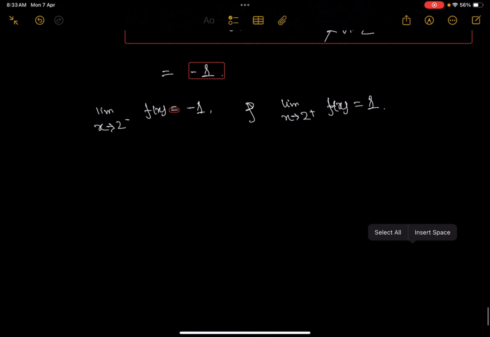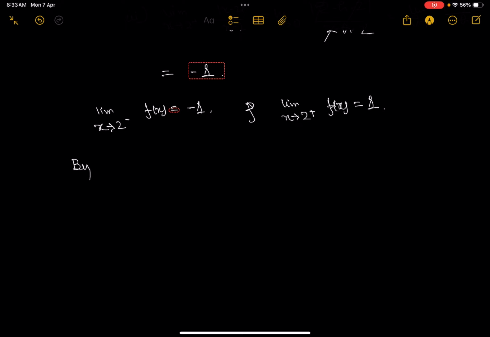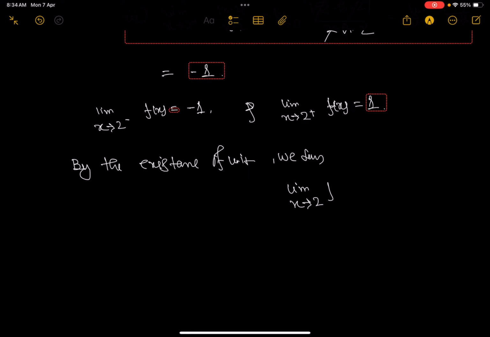So by the existence of limit, we say limit x tends to 2 of f of x does not exist.